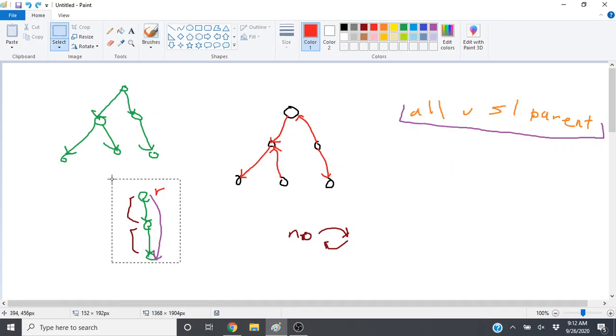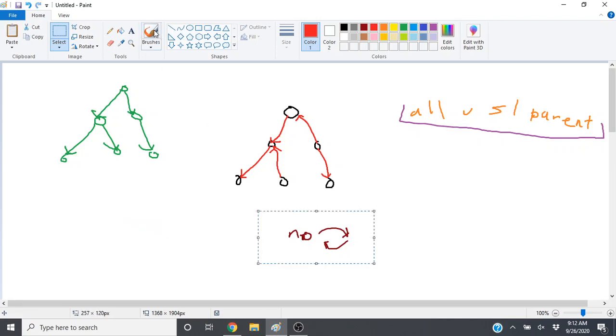So now, all we need to do is basically turn this into an answer somehow. So all vertices having at most one parent means that, again, every parent has an edge from the parent to the child.